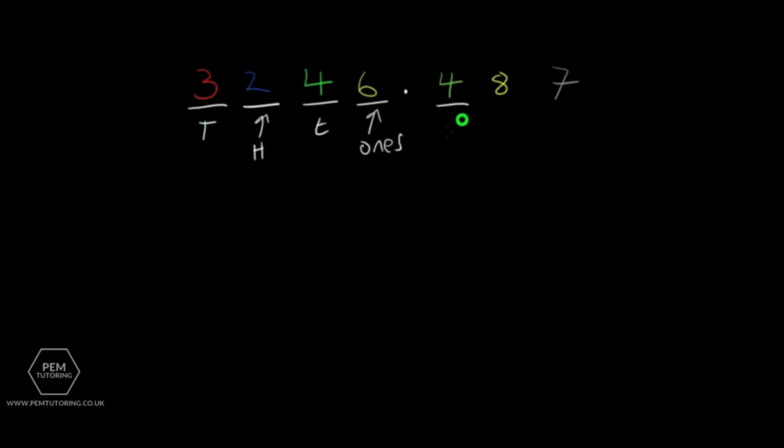For the 4 there, that is going to be the 1/10ths, so lowercase t there, so OT for 1/10ths. We have an 8 there for the 100ths. The 7 there is for the 1,000ths, again using uppercase T for the thousandths, and lowercase for the 1/10ths.